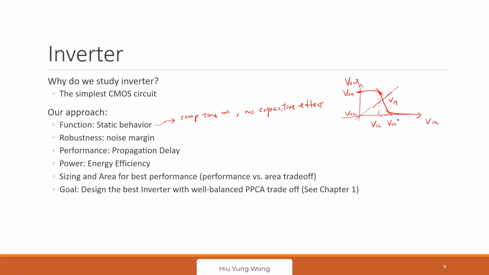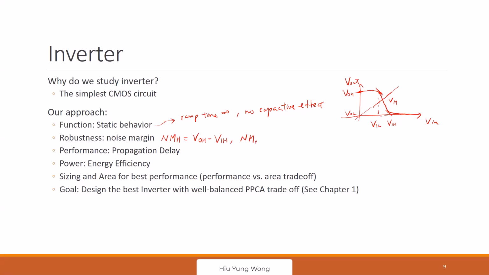Good, right? Now we want to calculate. How do we find those? Of course, you know how to calculate, just keep doing math, but we will have some approximation and insight, and hope that from those, you can deduce something. Besides the function, we will understand the noise margin, and noise margin, we know that NMH is equal to VOH minus VIH, right?